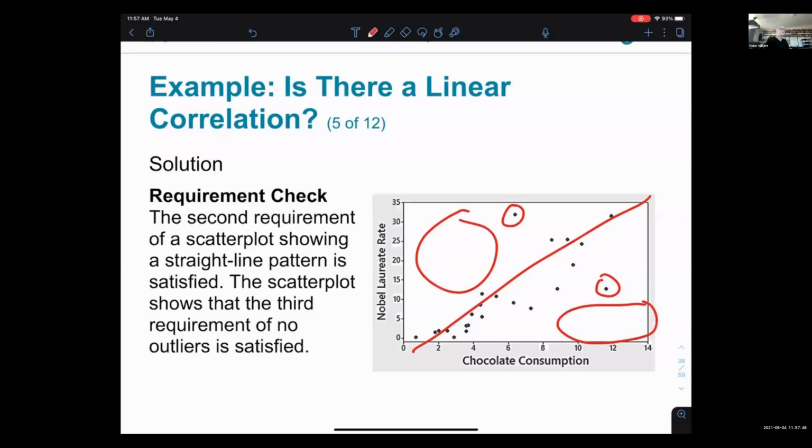So it says the second requirement of a scatter plot showing a straight line pattern is satisfied. They're saying this is good enough. I think the R value will handle whether those two outliers are severe enough to throw the R value off. You let the measurement of R do that. But certainly there is nothing in the bottom right corner and the upper left corner, and the data does seem to kind of follow a somewhat linear pattern here.